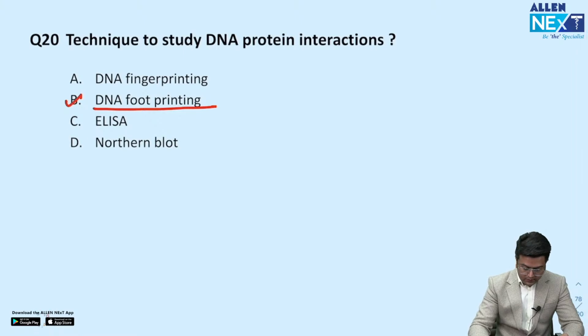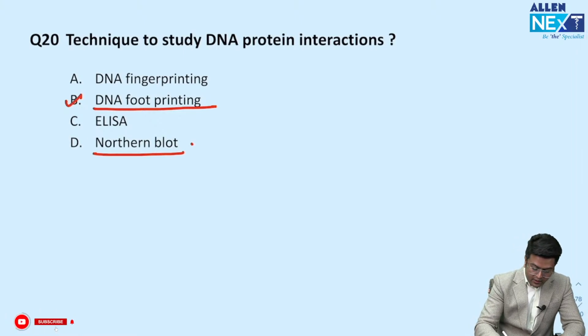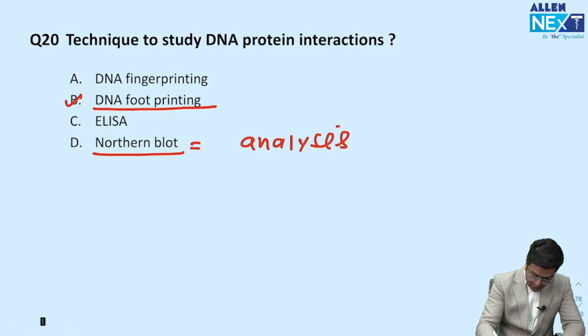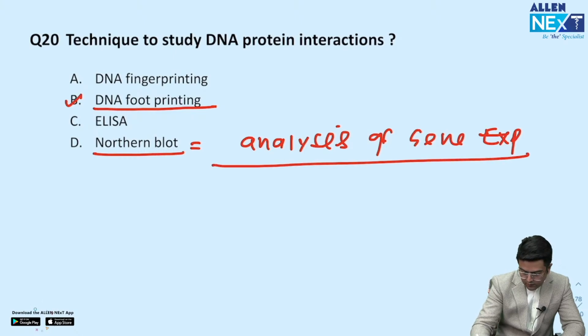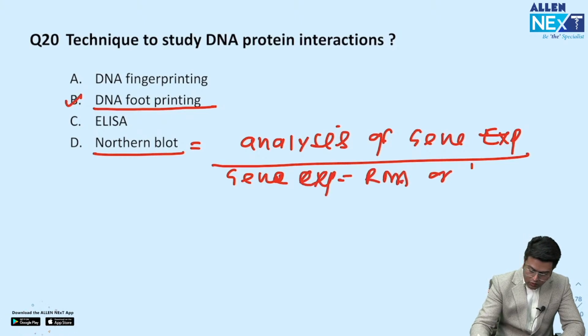Okay, so guys, northern blot is for analysis of gene expression. So guys, what do you mean by gene expression? Gene expression means either the RNA is formed or the protein is formed. Fine.